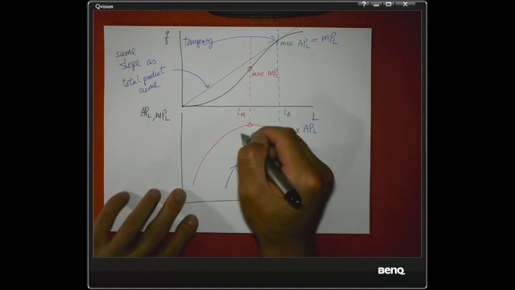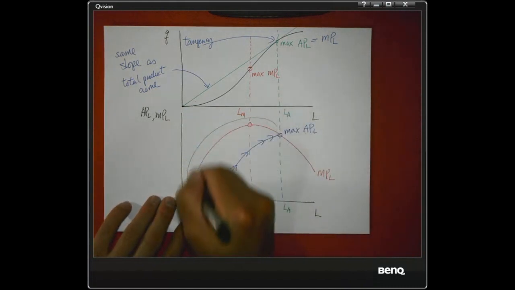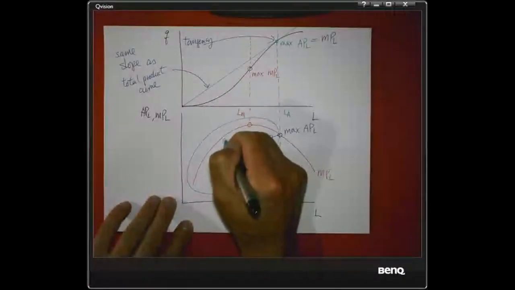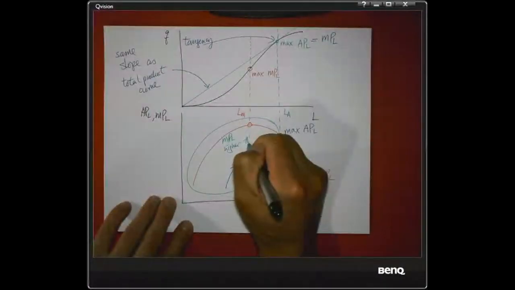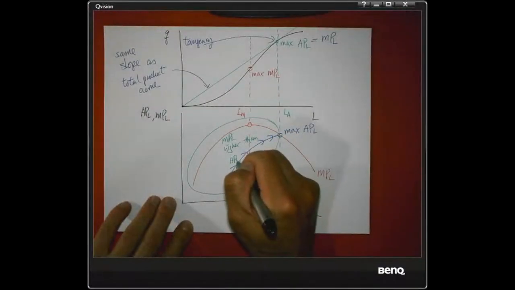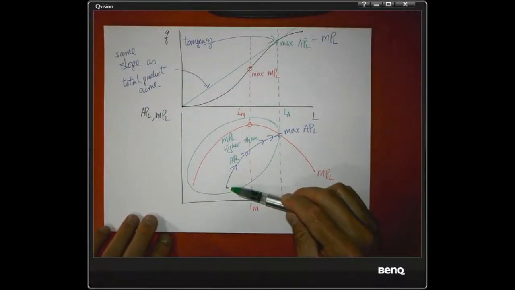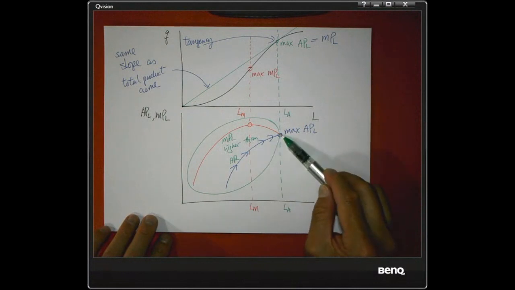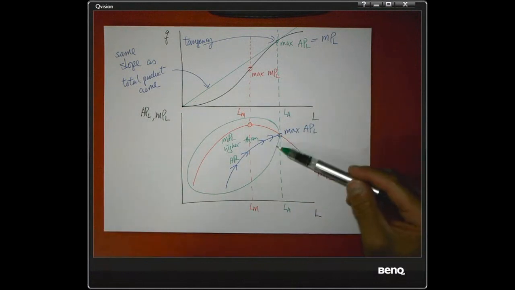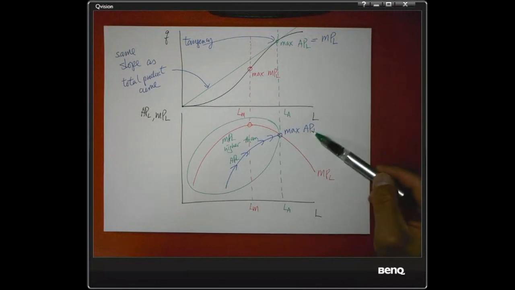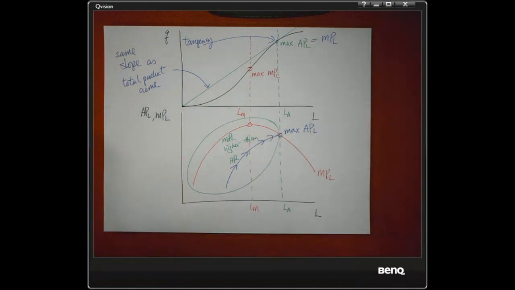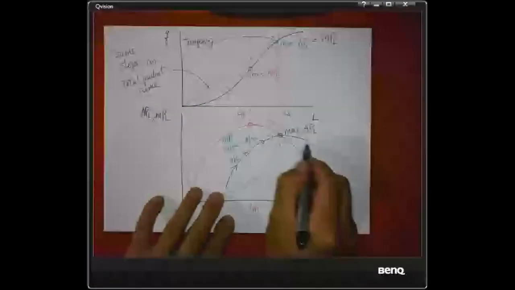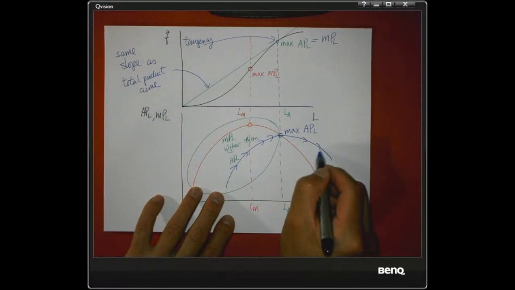In this region, the marginal product of labor is higher than the average product of labor, and the average product is rising. And then at the maximum, the average product of labor equals the marginal product of labor. From this point, the average product of labor is declining.